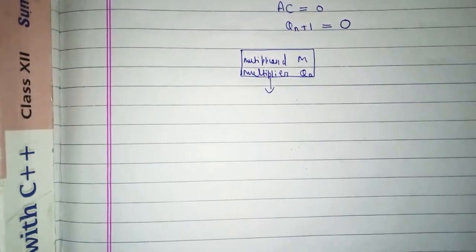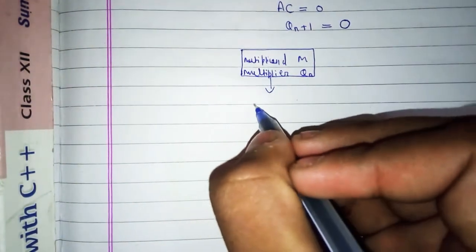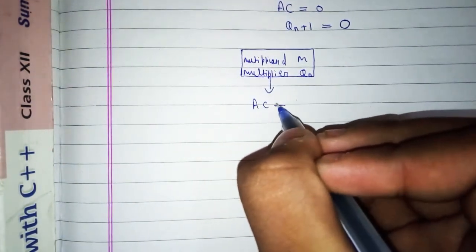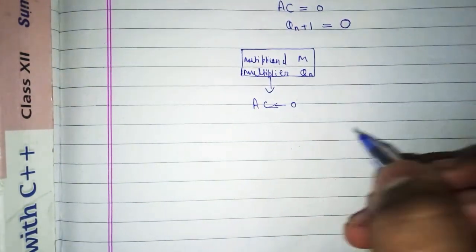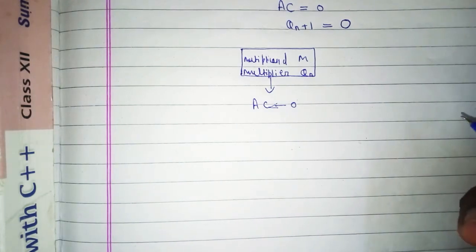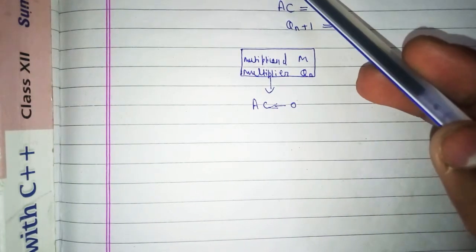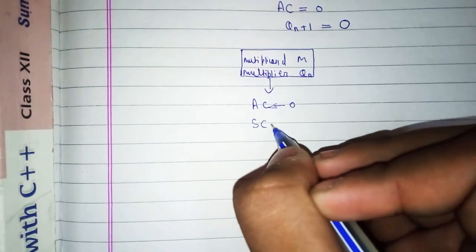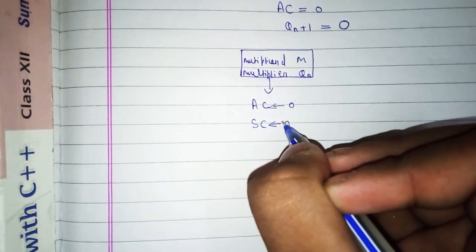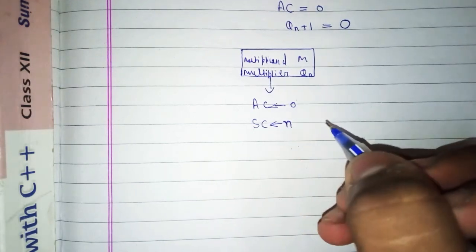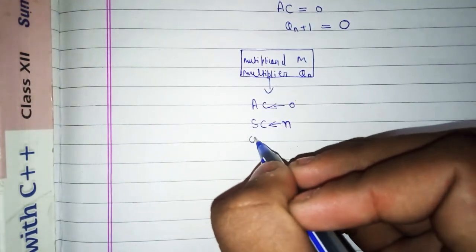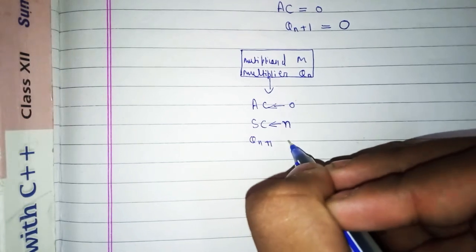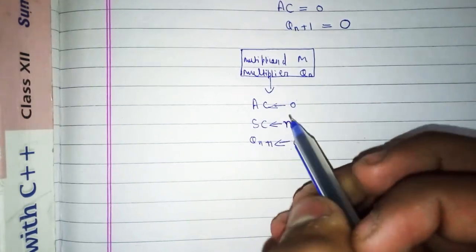Then we will put 0 in the accumulator and the sequence counter, that will contain the number of bits that the multiplier and multiplicand will have. So the sequence counter will be n, and our operation will run n number of times. Then qn plus 1, as said here, will contain 0.